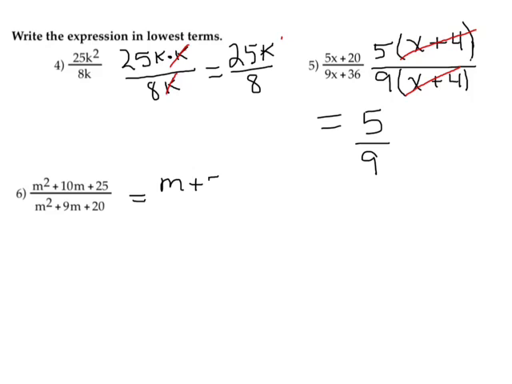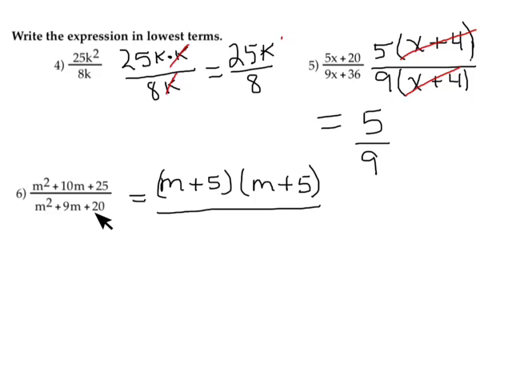So I'm going to write this out as m plus 5 times m plus 5. Here are my factors. 5 times 5 is 25, but 5 plus 5 is this 10 here in the center. So that is factored. Now let's take a look at the denominator.